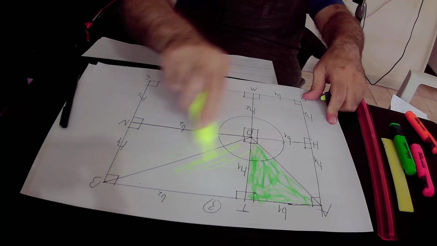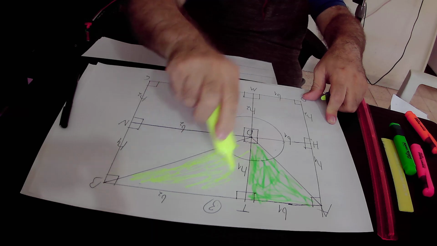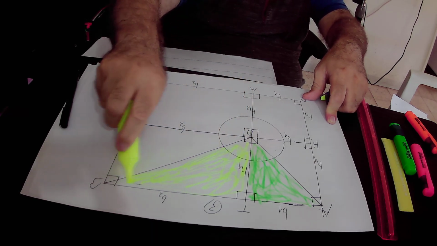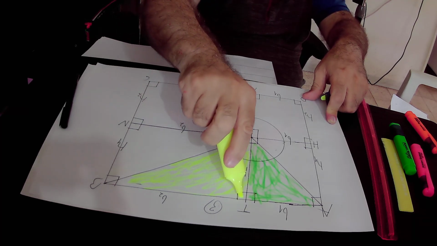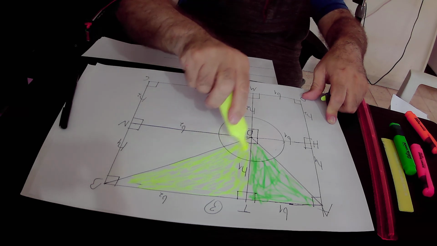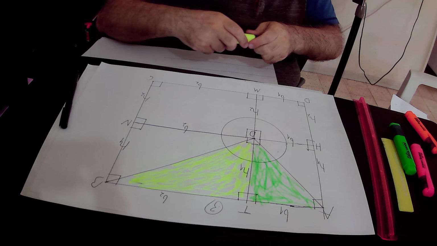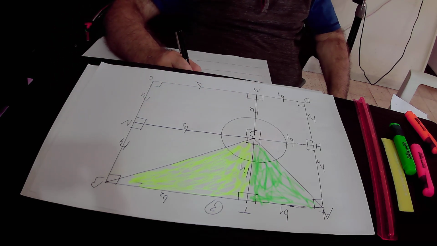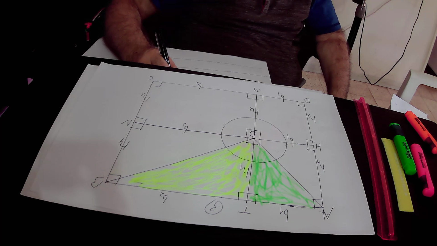By the Pythagoras theorem, we get that BO square equals B2 square plus H1 square.